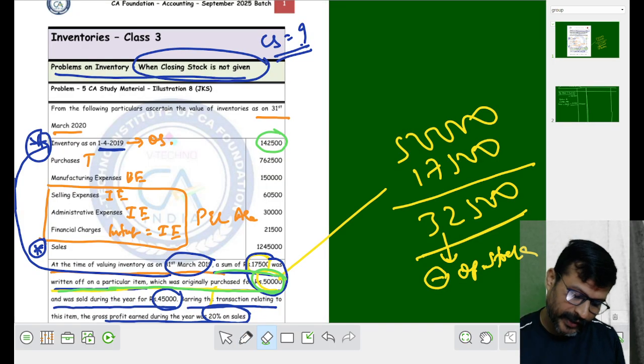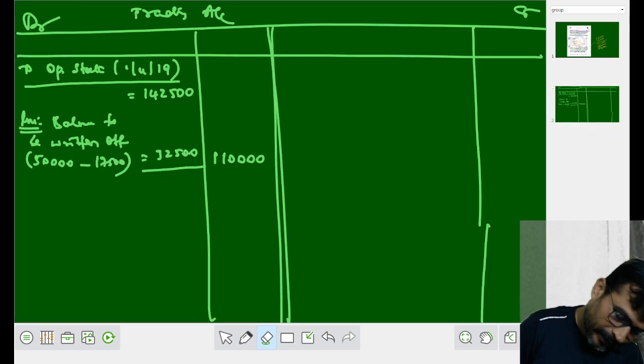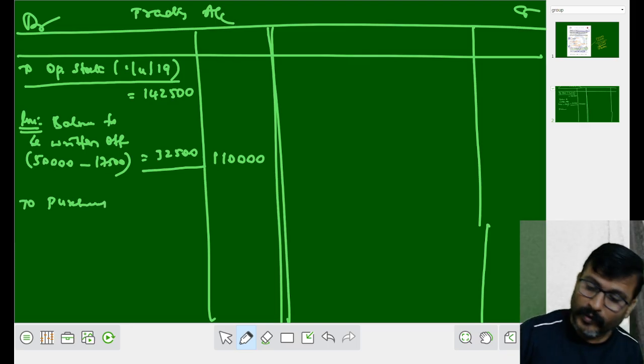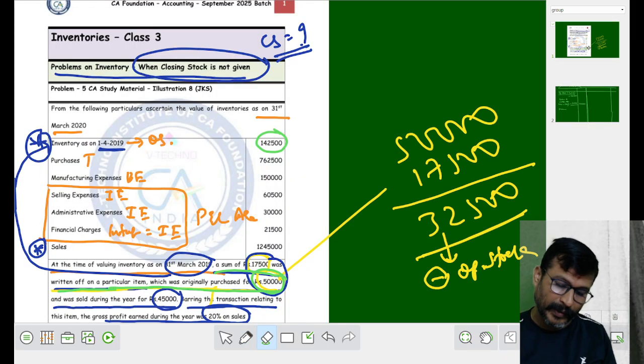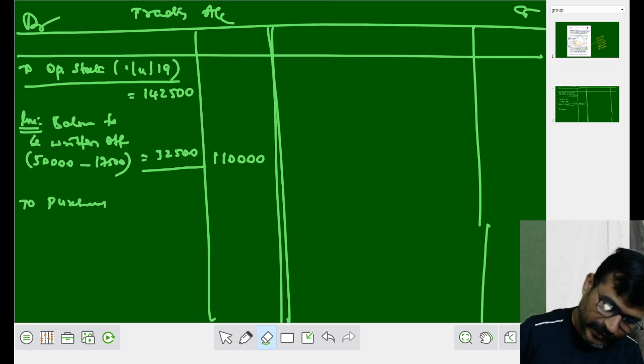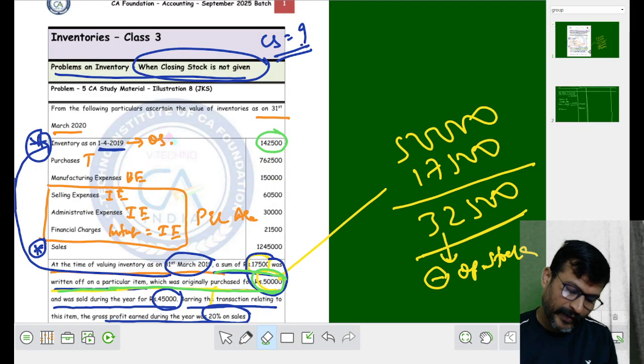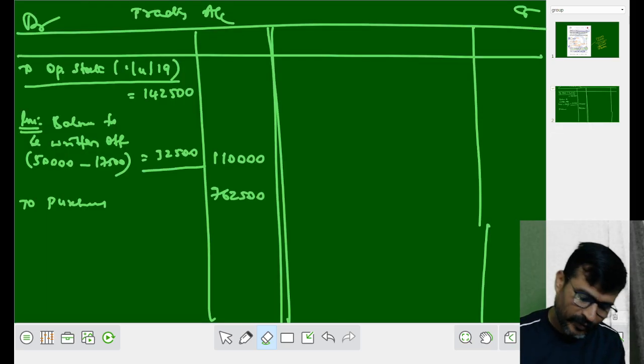Fine, let us move on to the next one, purchases: 7,62,500. You take purchases. Do we have any purchase returns in the problem? No. 7,62,500. Then manufacturing is a direct expense, 1,50,000.